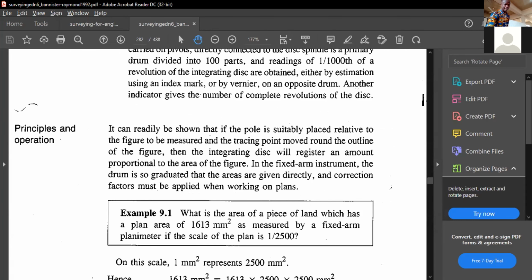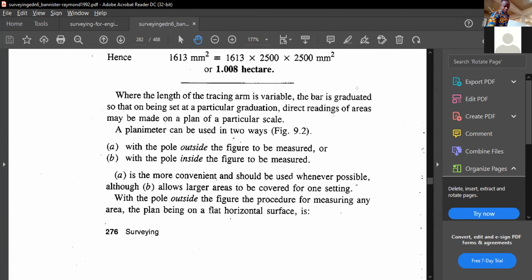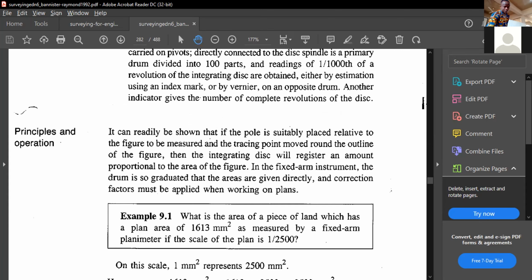Yes, the length and the breadth and the height. Okay, so like what you said, we have the area.